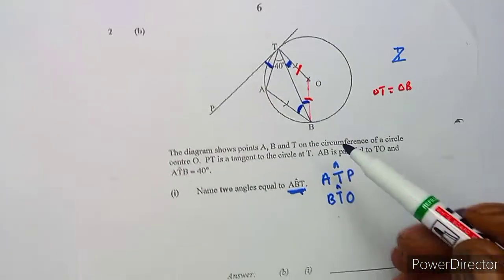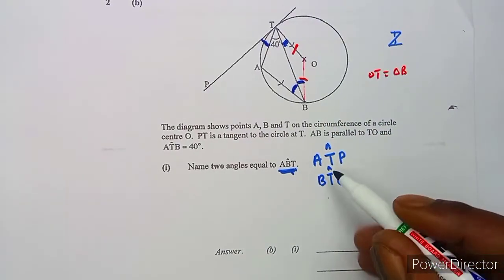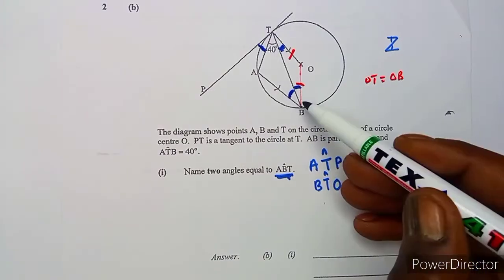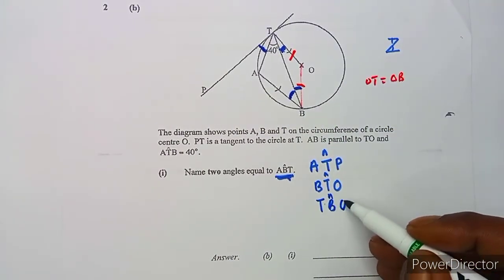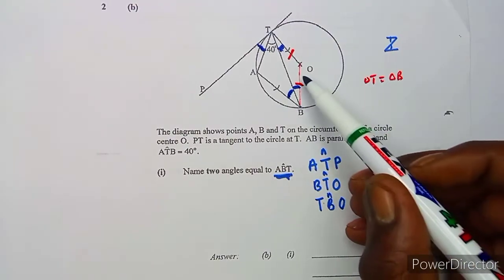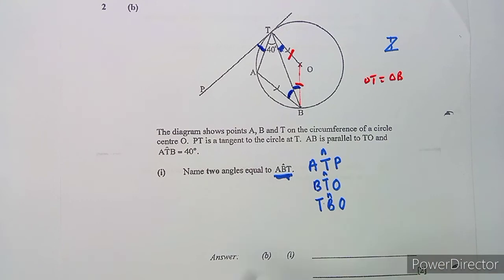Yes, you can write it, TBO, from T to B to O, but this one is just an adjustment because we never had it on our diagram. Remember you had to construct this side. Anyways, these angles, they are equal. So I think I explained each angle, how it is equal to another, how it is equal to another. I explained all those theorems.